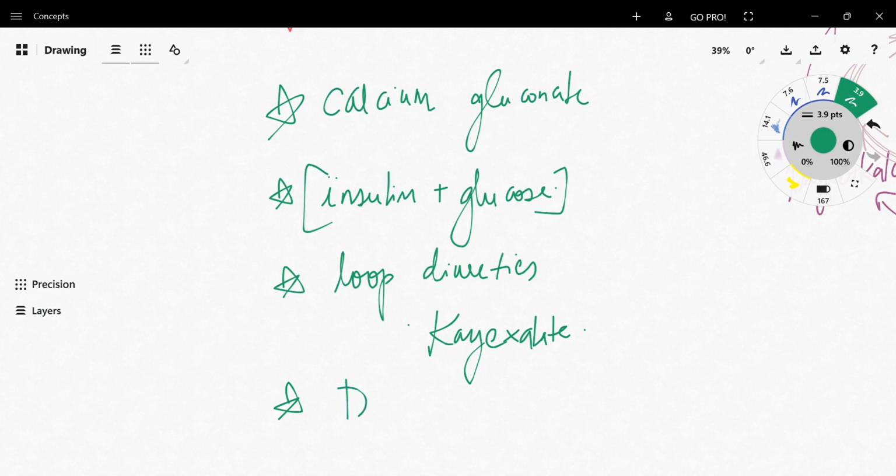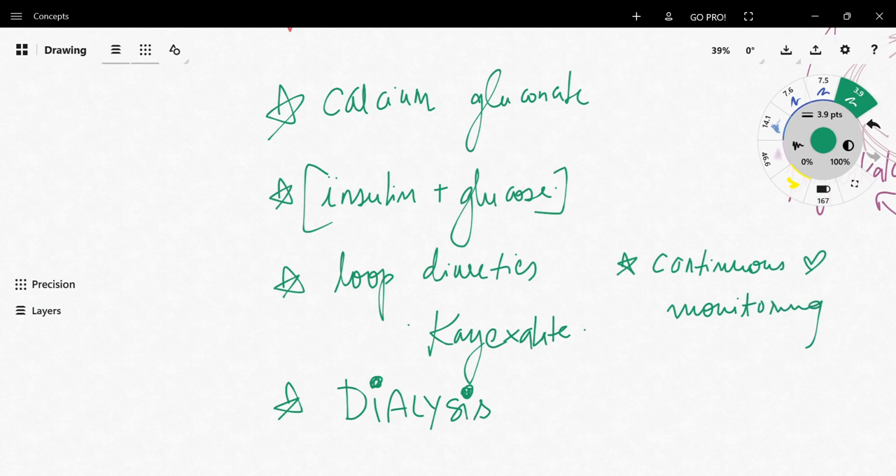The biggest thing is going to be dialysis, because it's a kidney problem and you're retaining potassium. The best way to get rid of it in an acute setting would be dialysis, right? And then you have to do continuous cardiac monitoring, which is again, of course, because hyperkalemia can be arrhythmogenic, right?